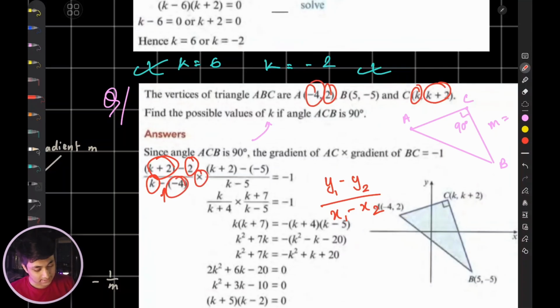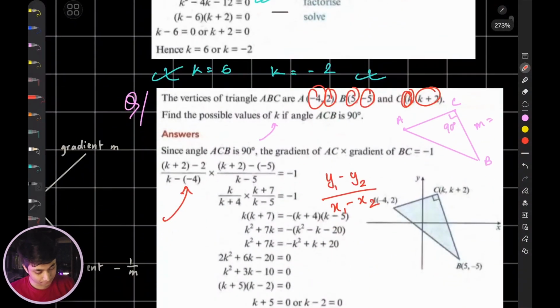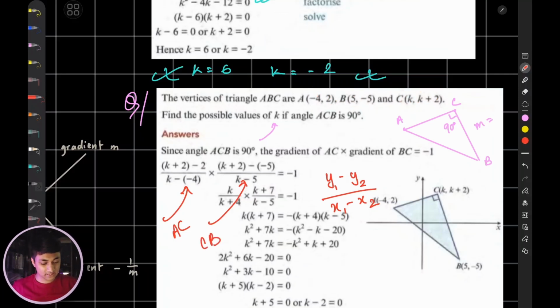Times the gradient of CB, which is k plus 2 minus 5 over k minus 5. So this is your gradient for AC, and this is your gradient for CB, right? Okay. So when you find the product of both gradients, it should be equal to minus 1.